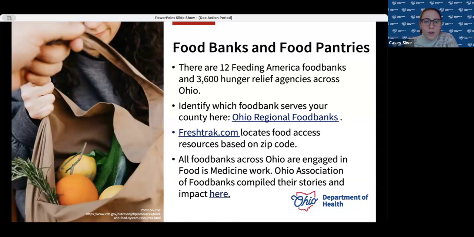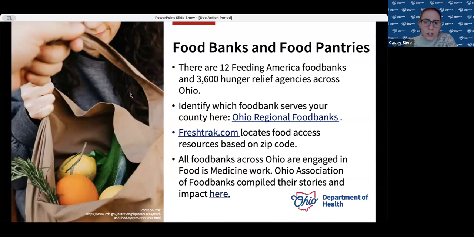To identify which food bank serves your county, you can look at the list at the Ohio Regional Food Banks link there. Each food bank typically lists the pantries in their area. Also, freshtrack.com locates food access resources based on your zip code. That's a really great resource to look at.